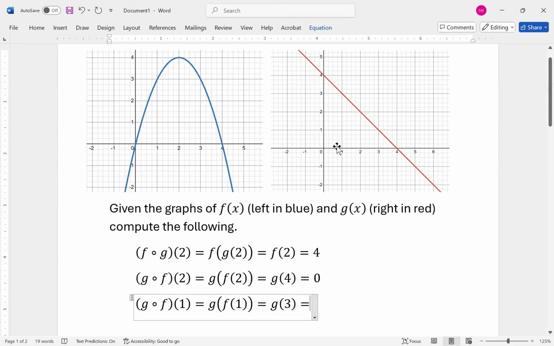And then let's figure out what that does. When I plug in a 3 into the graph on the right, I'm at the point 3, 1. Therefore, the input of 3 gives an output of 1. So g of 3 is equal to 1.